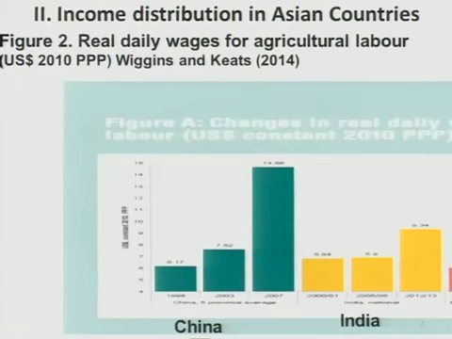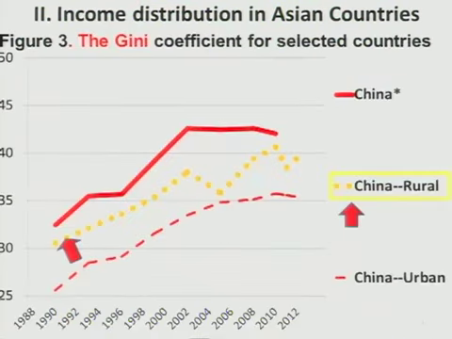And if you look at the Gini coefficient, the national Gini in China is larger than rural Gini or urban Gini, which would imply the high disparity between the rural and urban areas over the years.